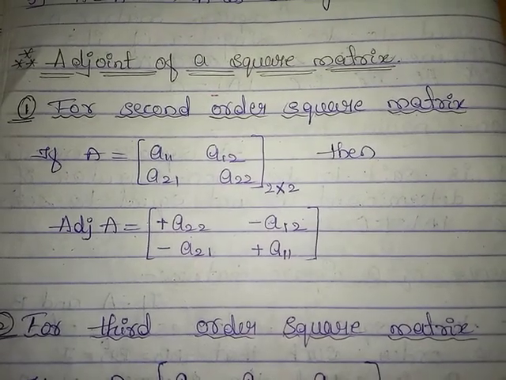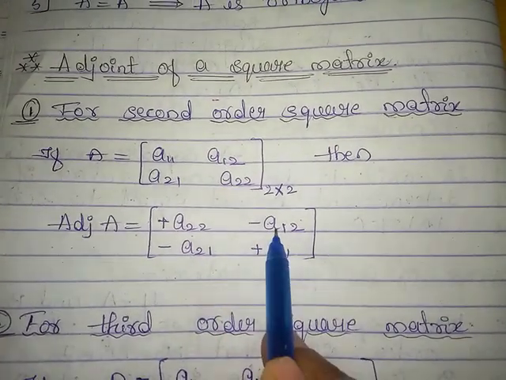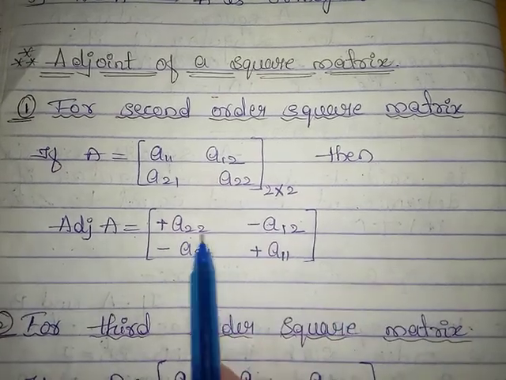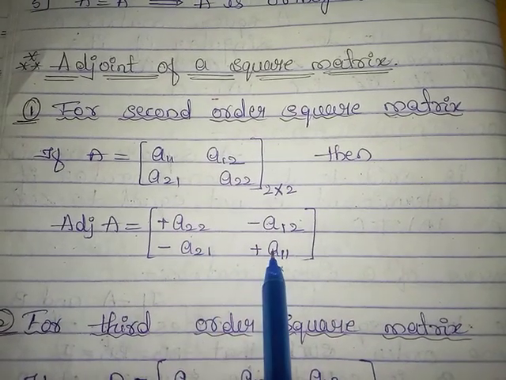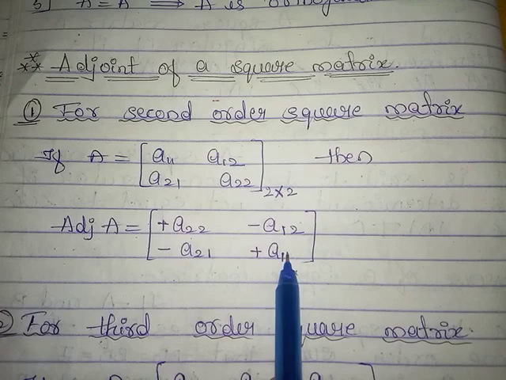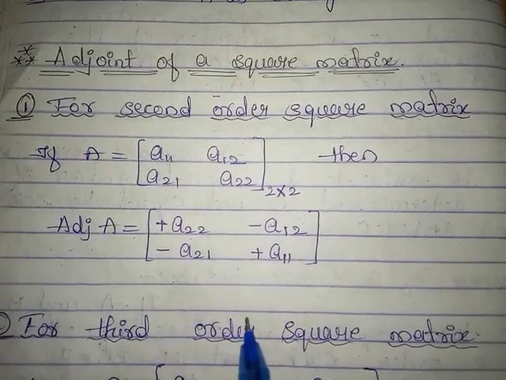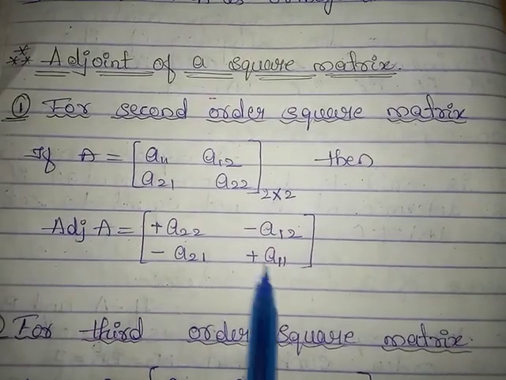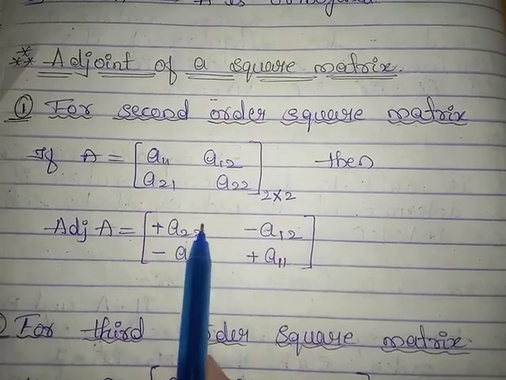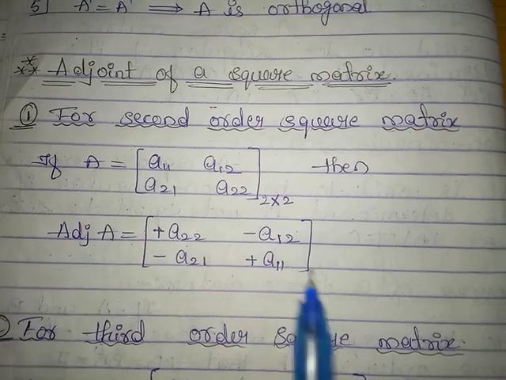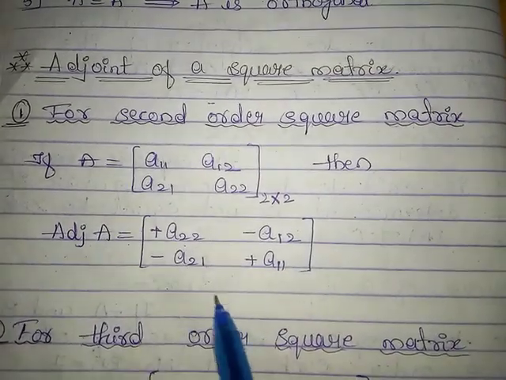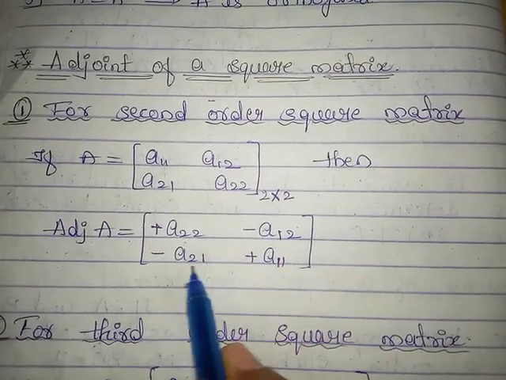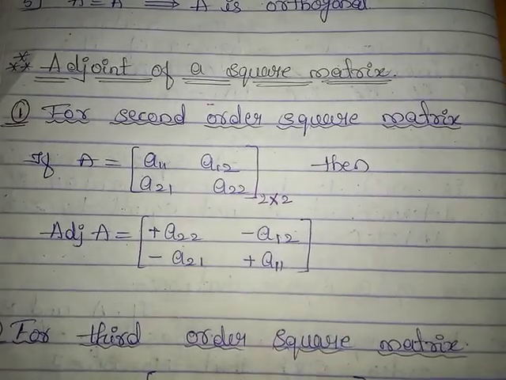Simply change the sign of the non-diagonal elements and interchange the diagonal elements. Means what? The adjoint of the given matrix is obtained by interchanging the diagonal elements and changing the signs of the non-diagonal elements.